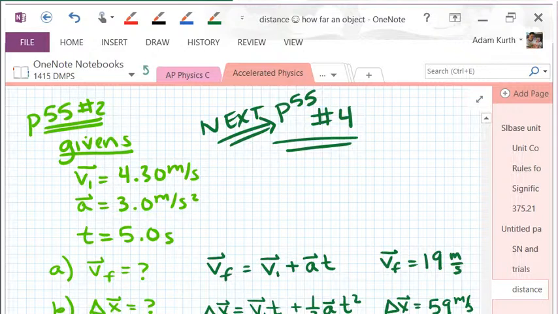I put the answers up here just in case you're ready for them. I'm not trying to spoil anything, but there you go. Again, if you're finished, then move on to number 4. Go, go, go. For part B, or for the second part? So I use the delta X equation with the t squared because that matches the thing I don't know and the three things I do know.